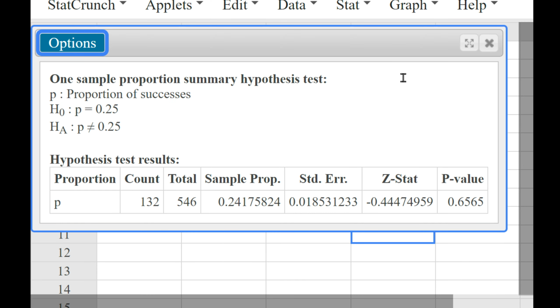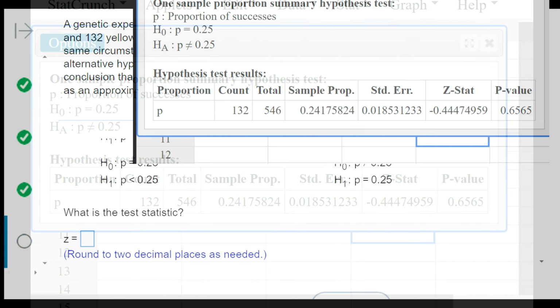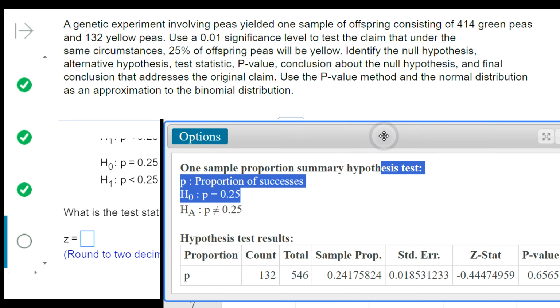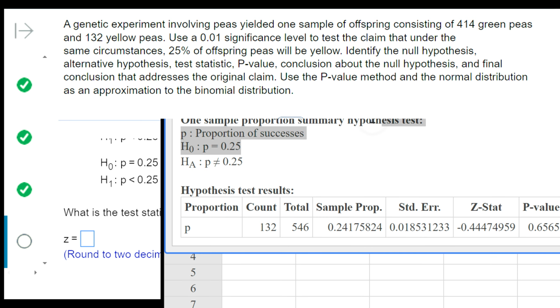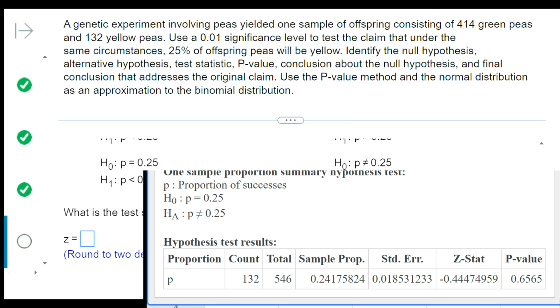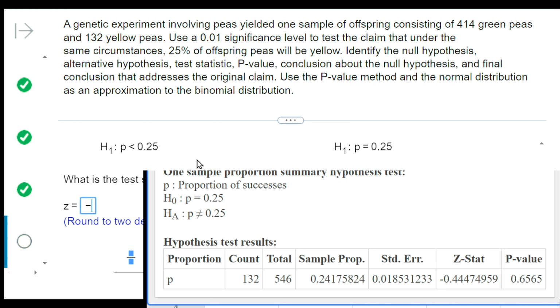Super. I have here my numbers. You can hopefully see where they have all come from. The test statistic, negative 0.44.